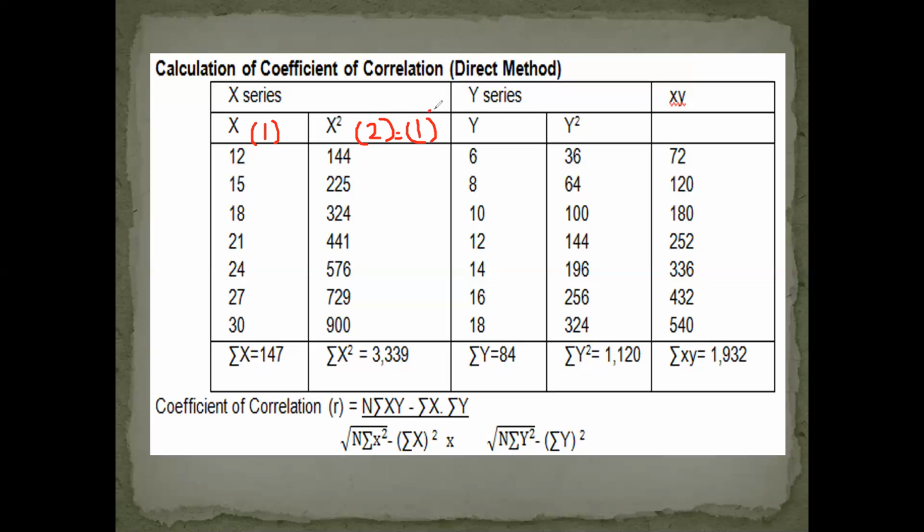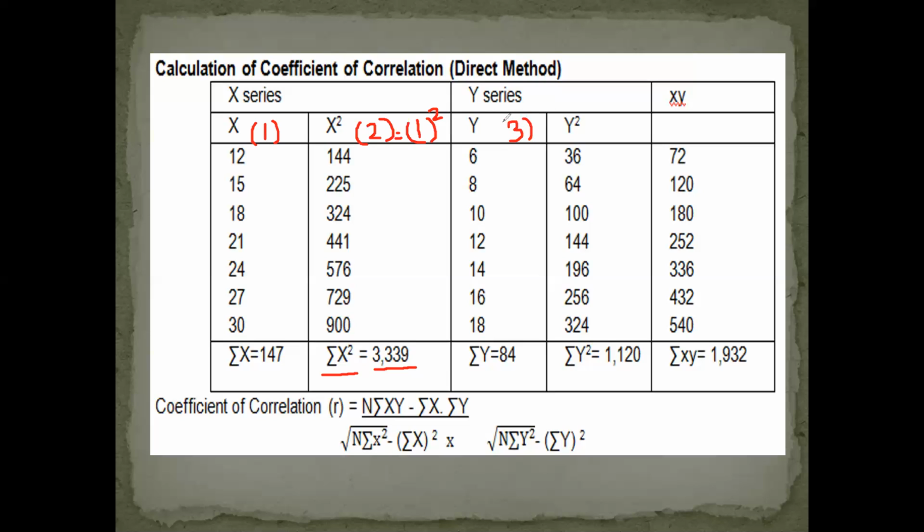Like 12 square is 144, 15 square is 225, likewise 30 square is 900. And the next step is to calculate the summation X square, which is 3339.